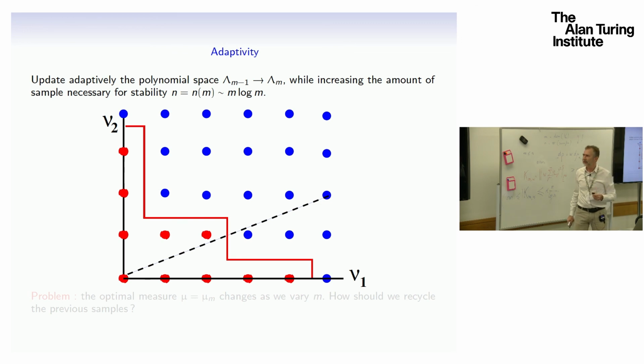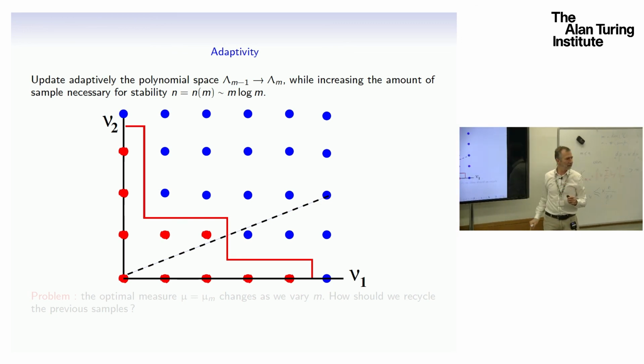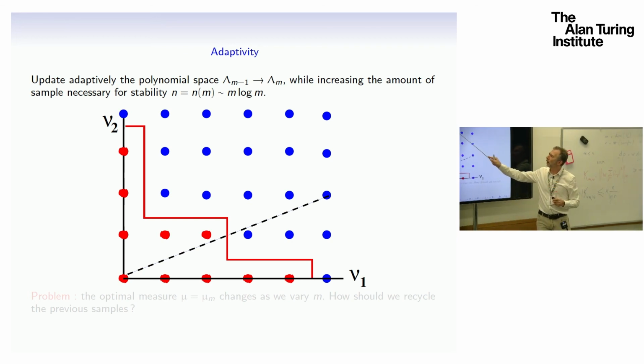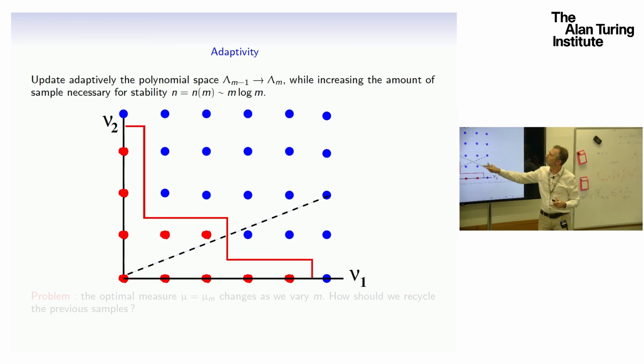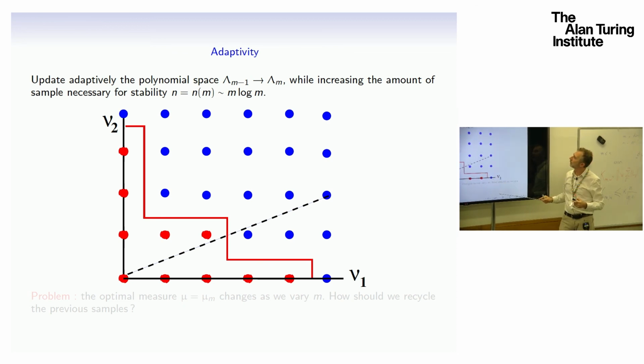The other issue here is that we are interested in what we call adaptive methods, which is a setting where these spaces are not fixed in advance. They could be, but you're interested in updating them. Think, for example, of the orthogonal matching pursuit algorithm or this kind of idea, where you have a certain polynomial space and you would like to, based on what you have already computed as a least squares solution, decide what should be the next one if you raise the number of samples.